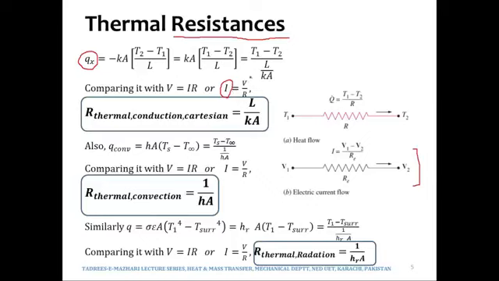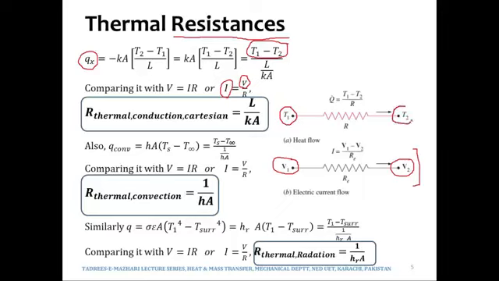In electrical circuits, the current flows due to potential difference, voltage difference. The heat will flow due to the temperature difference. The driving potential for heat is the temperature difference, right? So you can see over here that we have the voltages at the nodes of an electrical network, whereas in case of a thermal network, we would have temperatures at the nodes.